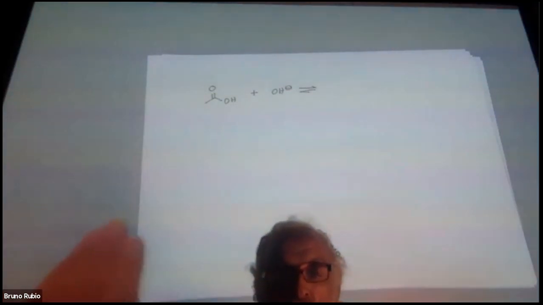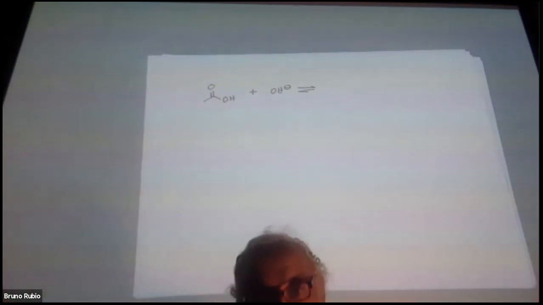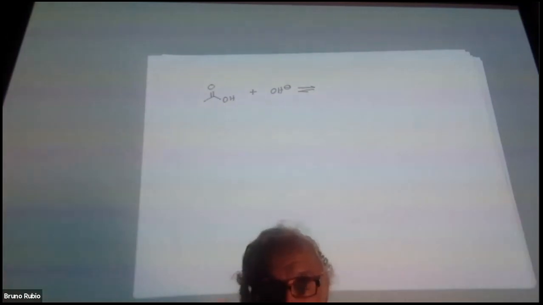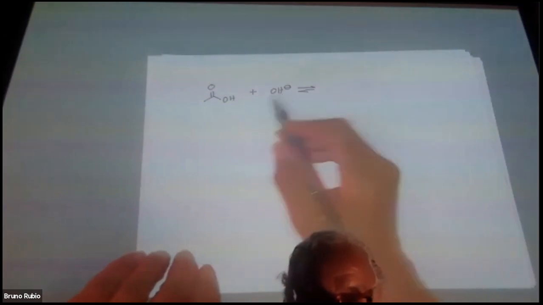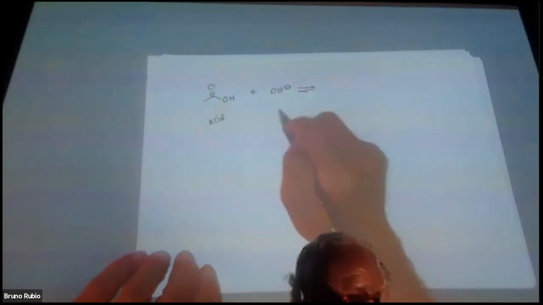We want to know what the equilibrium constant of this acid-base reaction is. So this involves a couple of steps. The first thing we need is we have to identify the acid and the base on the reactant side. Well, this is clearly going to be the acid, the carboxylic acid. This is going to be the base.